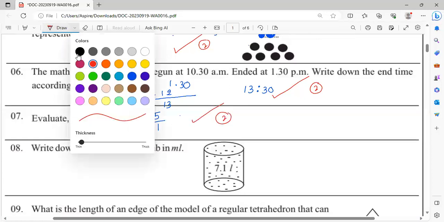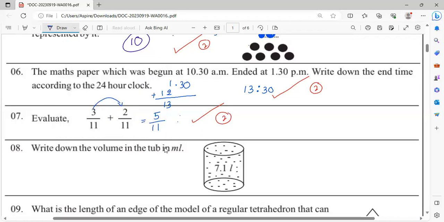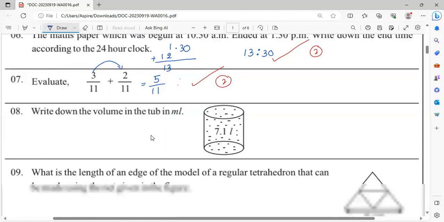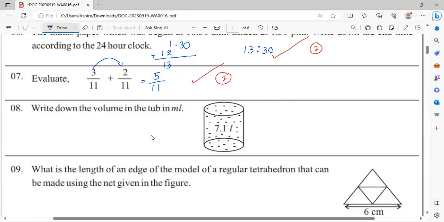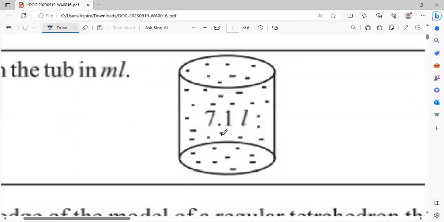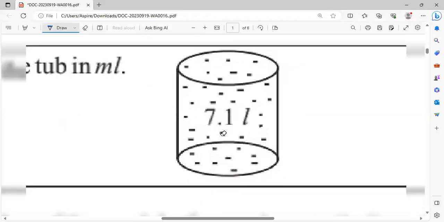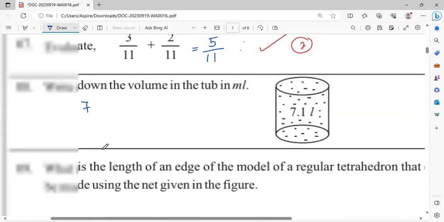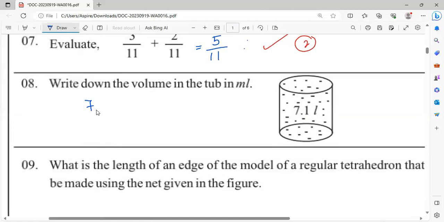So 5 over 11 is the answer. Write down the volume in the tube in milliliters. Sometime you may have learned this in the school. Now it is given that 7.1 liters. Yes, 7.1 liter is given.